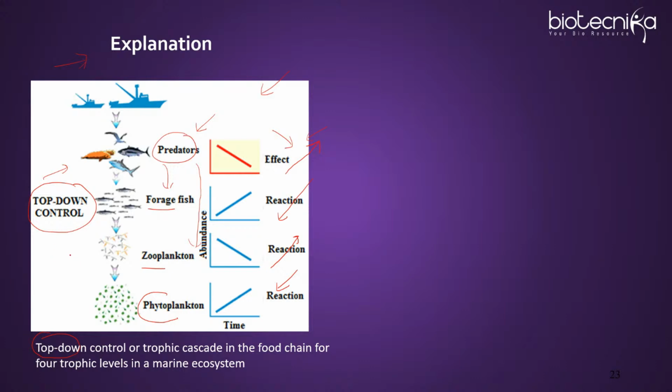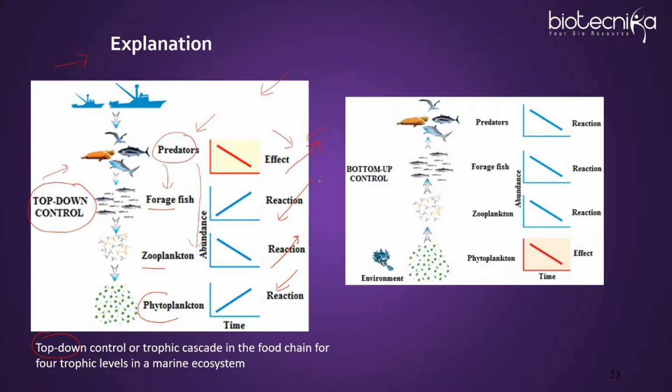So this is based on the predators, the effect comes from the predators, and it flows from top till bottom. Now, similarly, we have another effect which is known as bottom-up control. Here, the effect will come from the bottom because more nutrients will be added at the bottom.